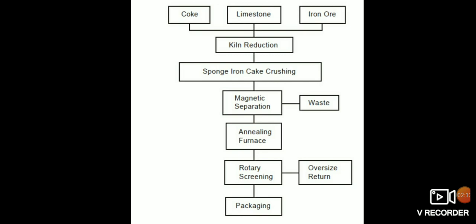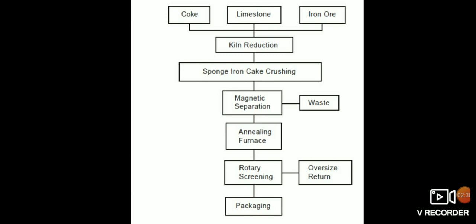The saggers are placed in layers upon cars, which are pushed through a fuel-fired tunnel kiln. The carbon monoxide produced from the coke reduces the ore to iron.